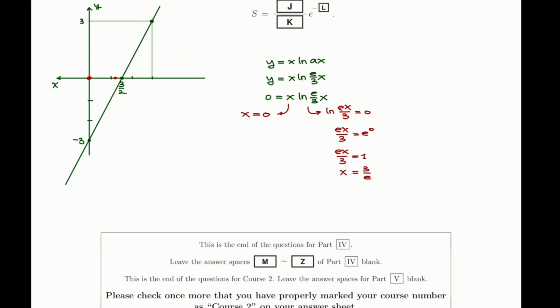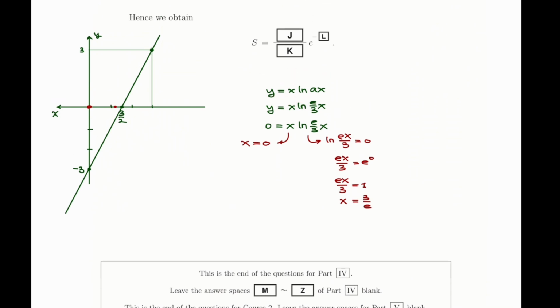So I think the curve of y equals x ln(ax) should be something like this. To be honest, I do not know the correct graph of y equals x ln(ax), but I think it should be something like this. And then it will touch that line, something like this.